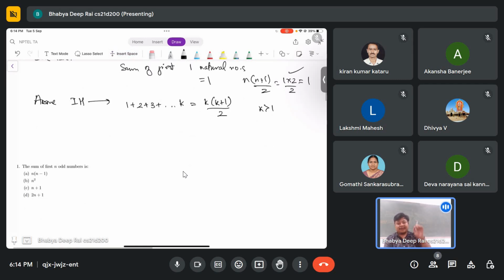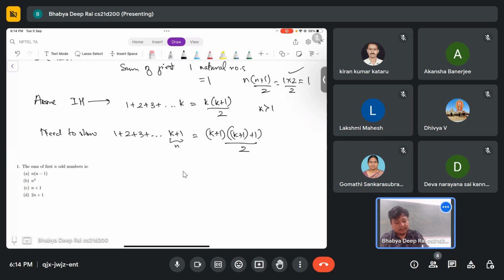You assume the inductive hypothesis. Now what you need to show is that 1 plus 2 plus 3 until k plus 1 equals, so this is your n now, k plus 1 times k plus 1 plus 1 divided by 2. This is the inductive step.